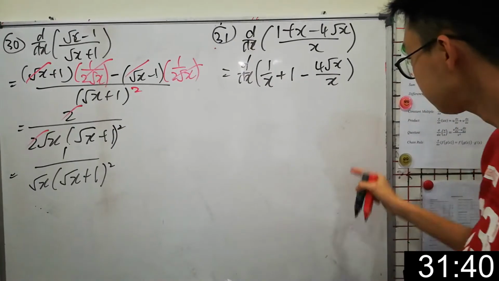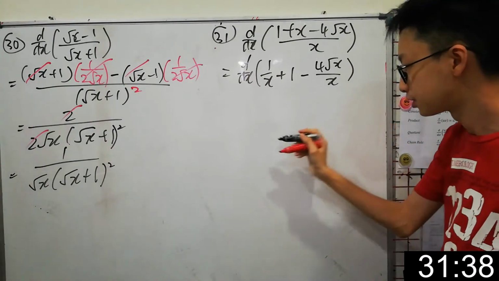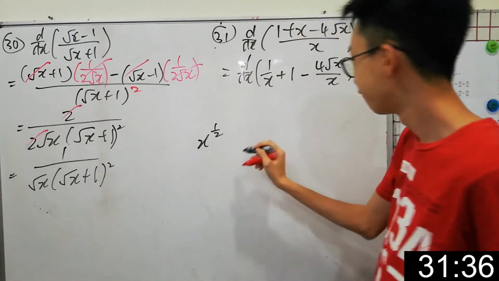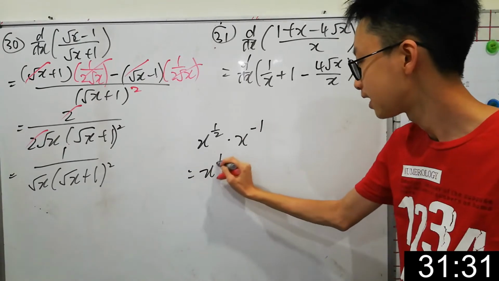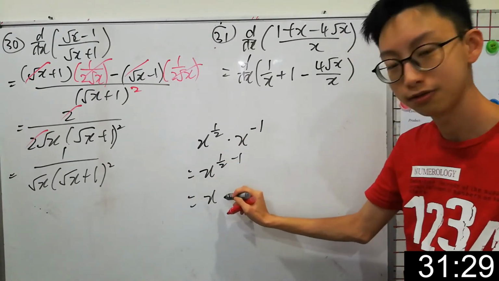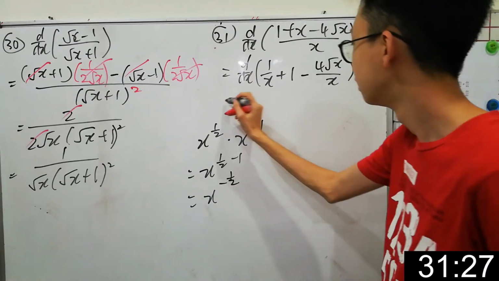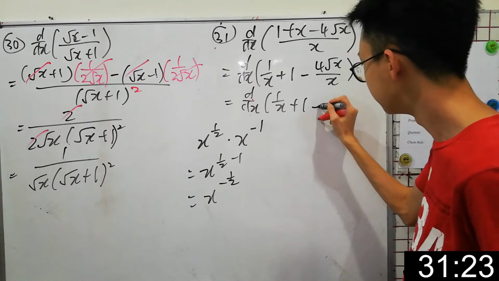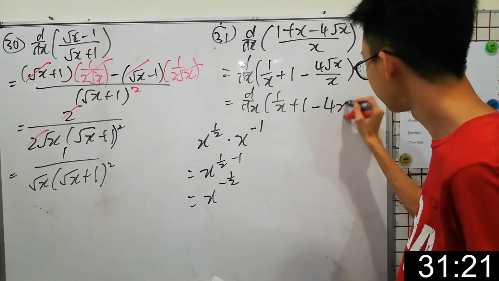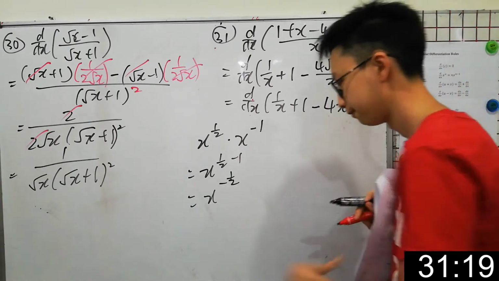4 square root x over x, this is actually x to the half, then times x to the negative 1. So it's x to the half minus 1, so again this is x to the negative half. So d dx of 1 over x plus 1 minus 4x to the negative half.